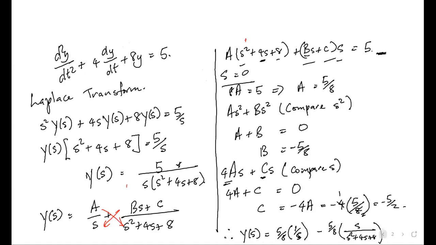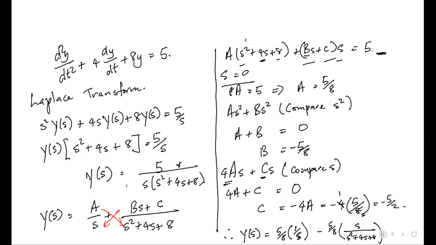So we have Y(s) is equal to 5 over 8 times 1 over s minus, B is 5 over 8, s over s squared plus 4s plus 8, plus C, minus 5 over 2 to 1 over s squared plus 4s plus 8.